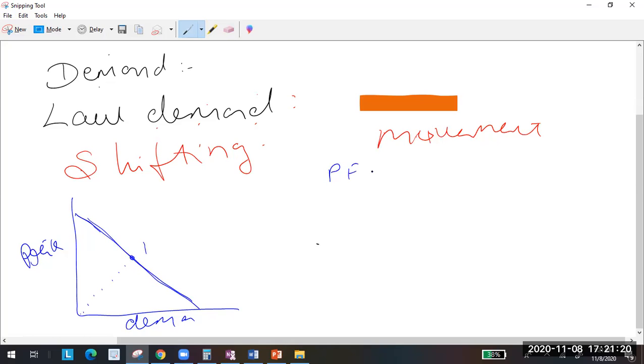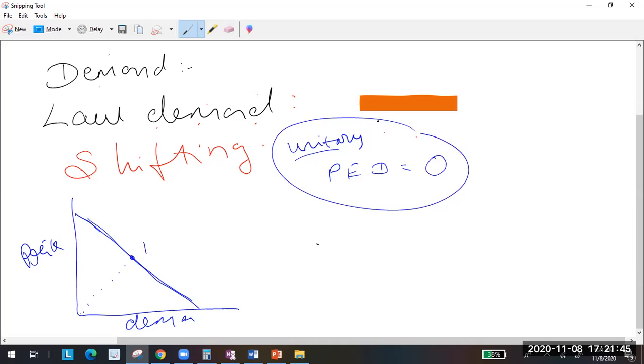PED in unitary elastic is equal to one. No, PED is equal to 0, I think.